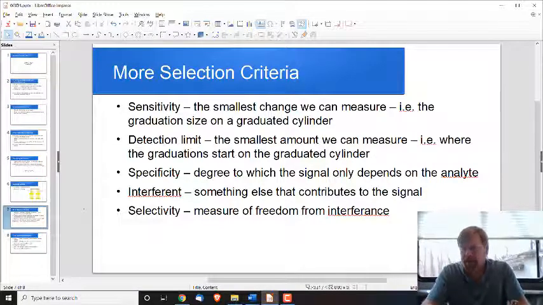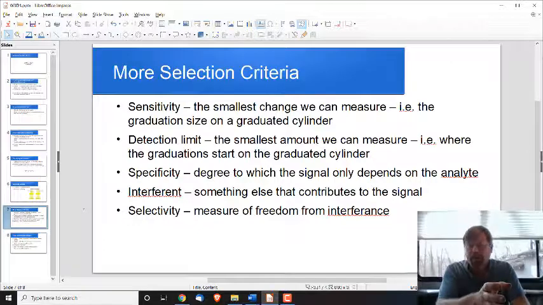It's going to tell me the total pH, not the hydrogen ions from each source. So an interferent is those other things besides the analyte that might contribute to the signal. So if I'm trying to determine hydrogen content from sulfuric acid, the interference would be the nitric acid and the carbonic acid, for example.